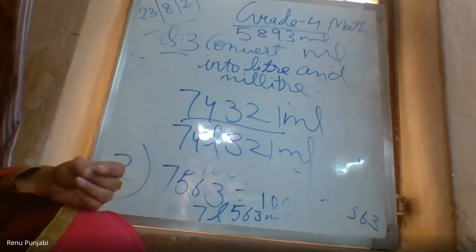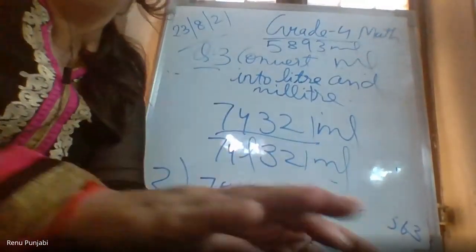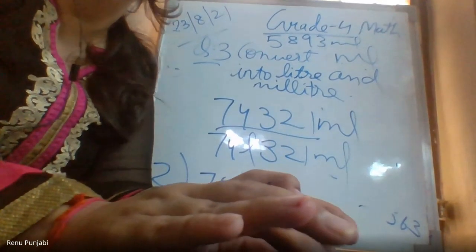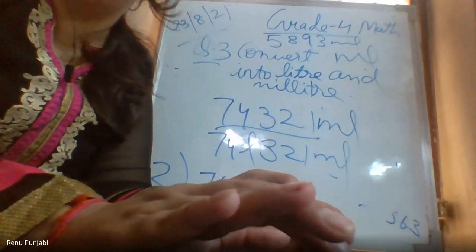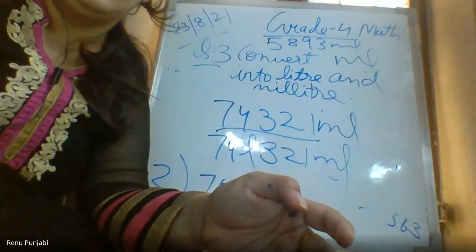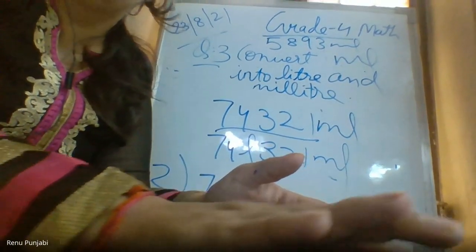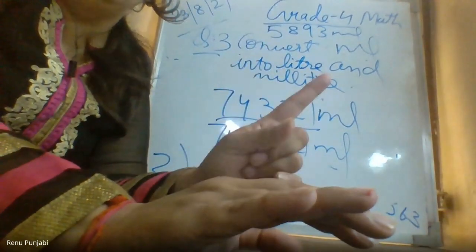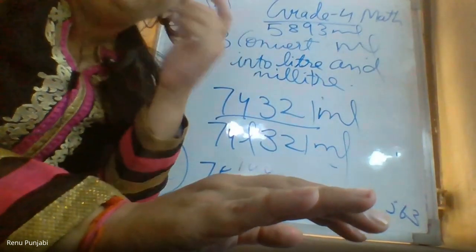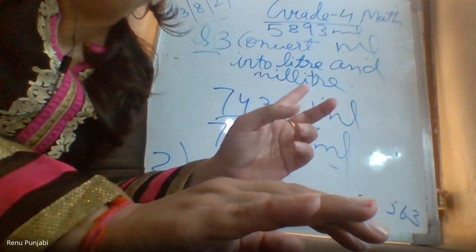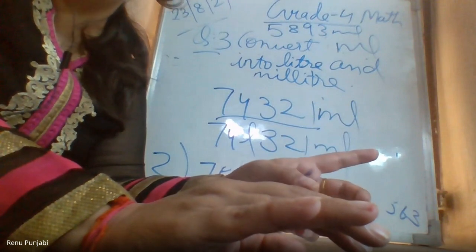Now, children, I'm going to send you the link in the classroom, which is based on the concept which we have done right now. Please start doing that Google form. Solve this in your notebooks. Listen to the instruction first. When you get the Google form, write your name, write your section also.